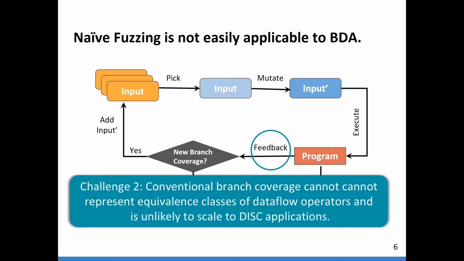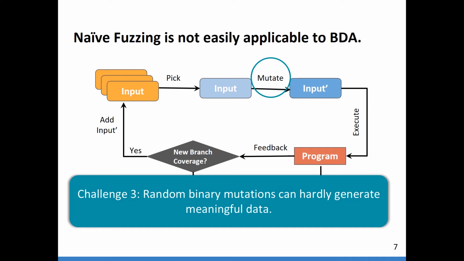Also, it cannot effectively monitor different equivalence classes of data flow operators, where numerous errors originate from untested equivalence classes. Last but not least, random binary mutations in existing fuzzers often generate inputs that fail at the entry point without exercising code further, so it can hardly generate meaningful data that will lead to a realistic application bug.